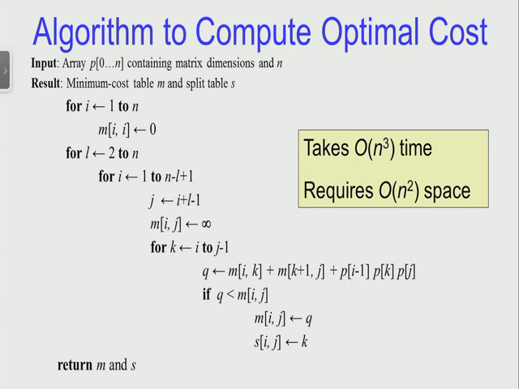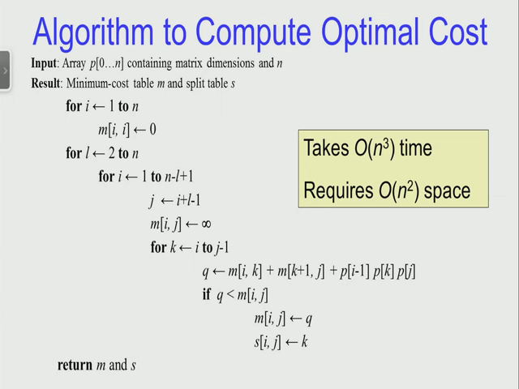The if statement updates the value of m of i comma j if the value of q is smaller, and it also updates the value of the split entry if the value of q is smaller than the current value of m of i comma j. At the end of this whole iteration, the matrices M and S are computed.